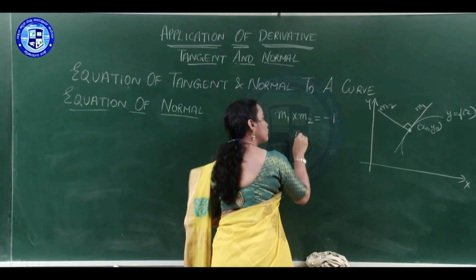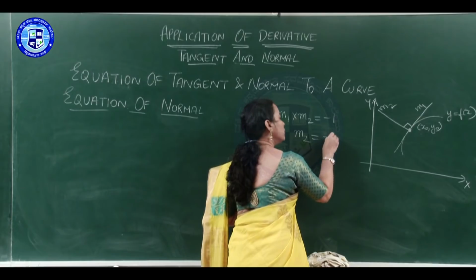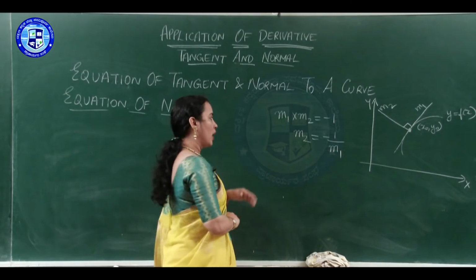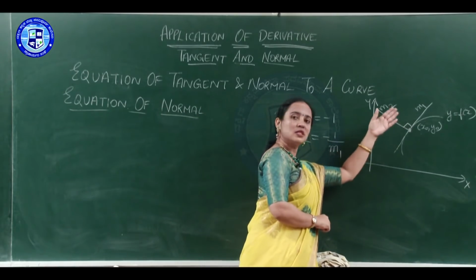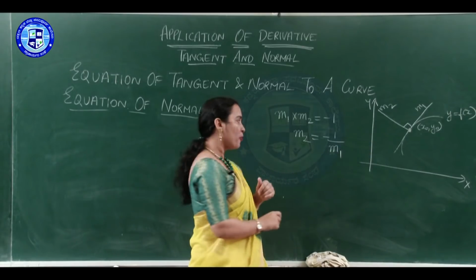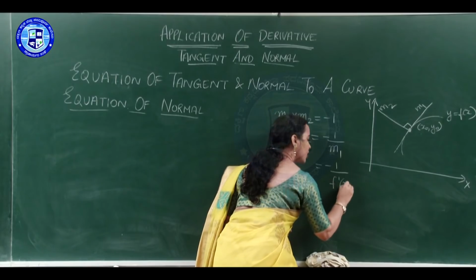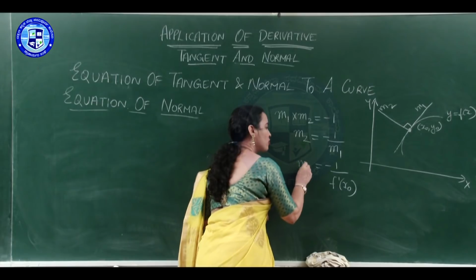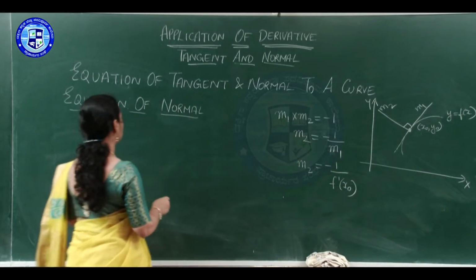Now, to find the slope of the normal, m2 is nothing but minus 1 by m1, and m1 is the slope of the tangent, which we know is f dash of x naught. So m2, the slope of the normal, will be minus 1 by f dash of x naught.